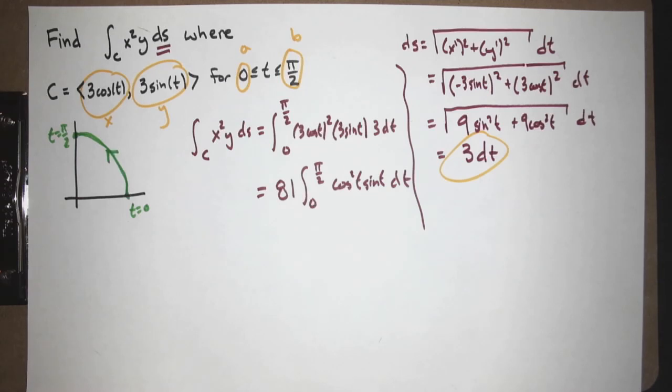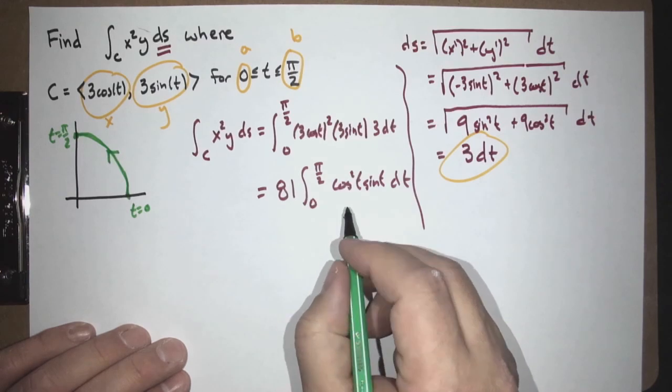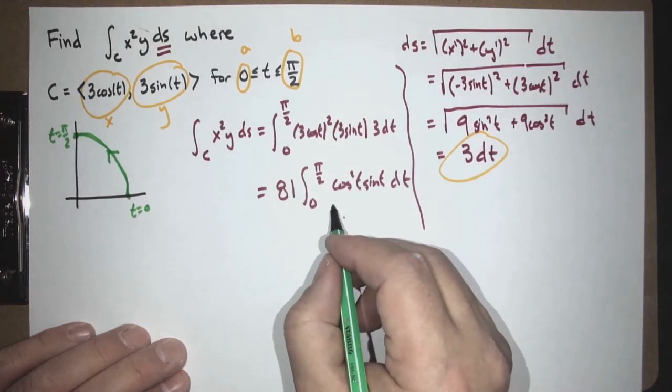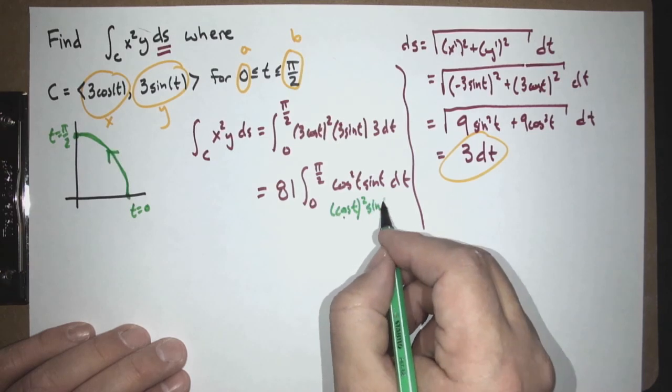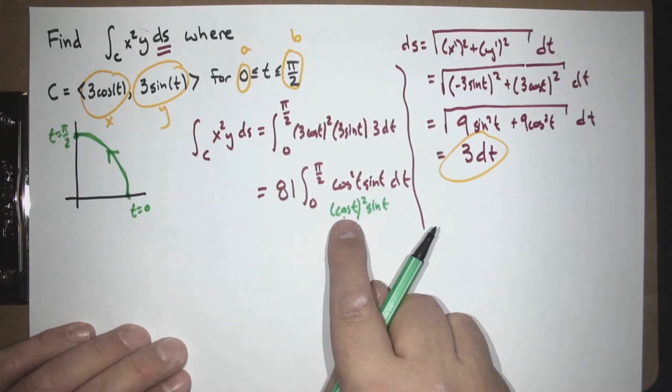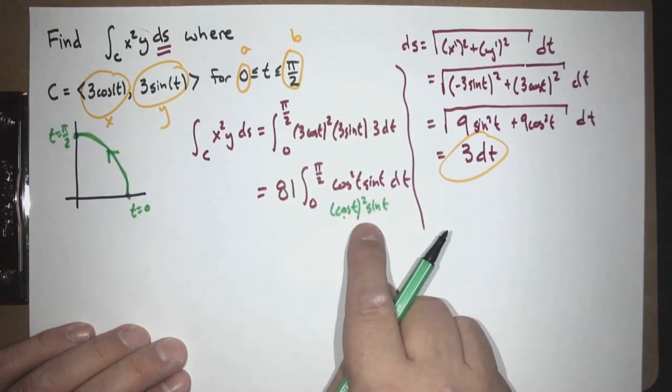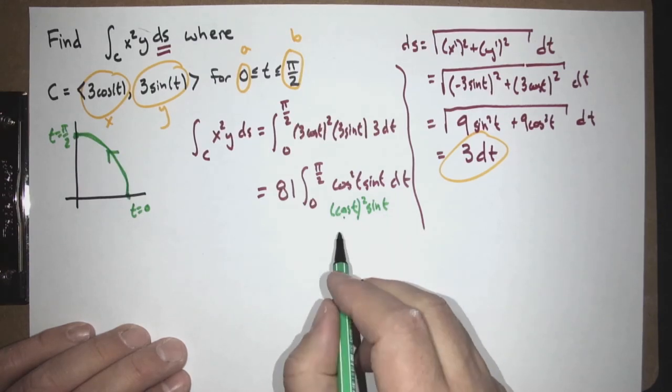What's a good substitution to make? Yeah, so cosine is a great substitution because notice it's cosine squared. So oftentimes when you're channeling your inner Calc 1, you're like, is there a function on the inside? So cosine's inside a square function, so that's a good candidate to make a substitution.